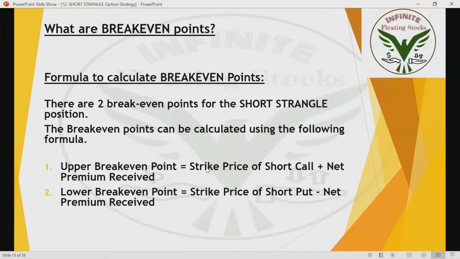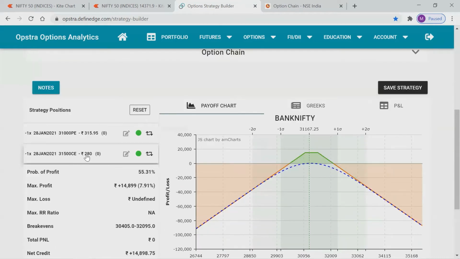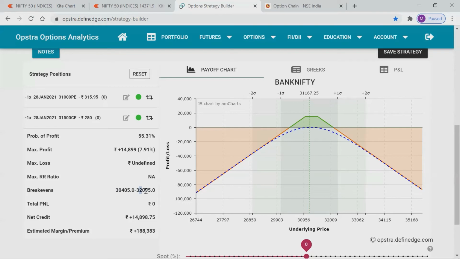So upper break-even point, what is strike price of short call plus net premium? Pretty simple. What is the strike price of short call? 31,500, right? Net premium received.